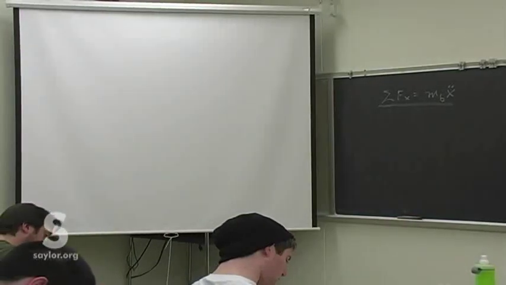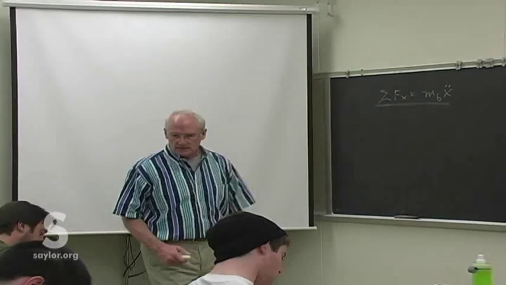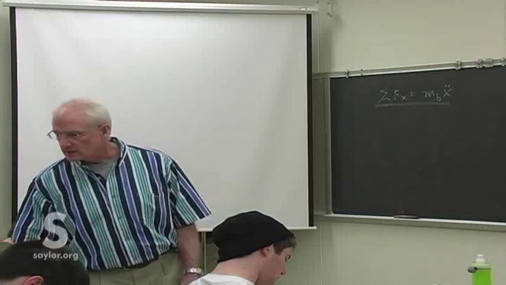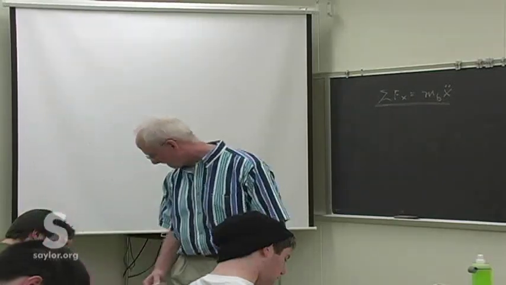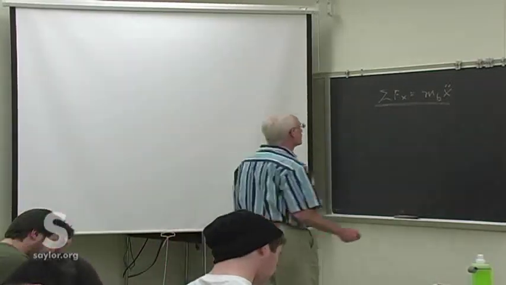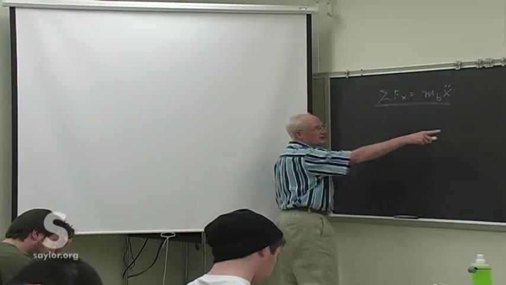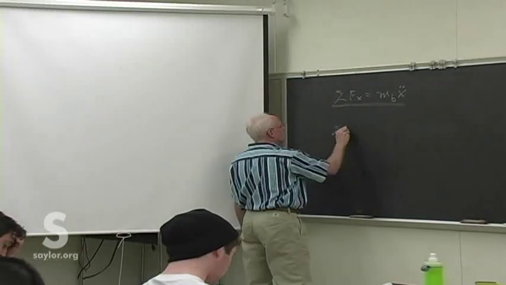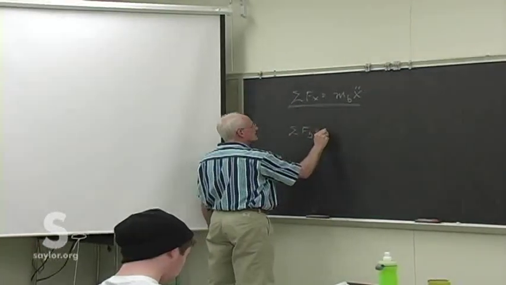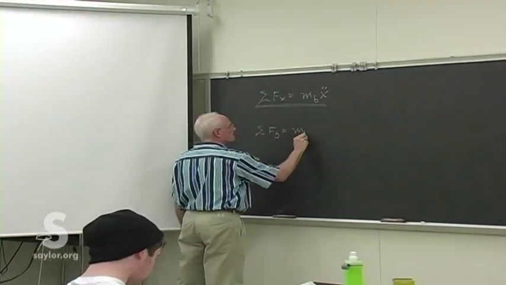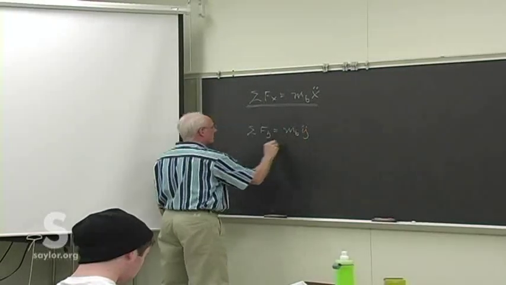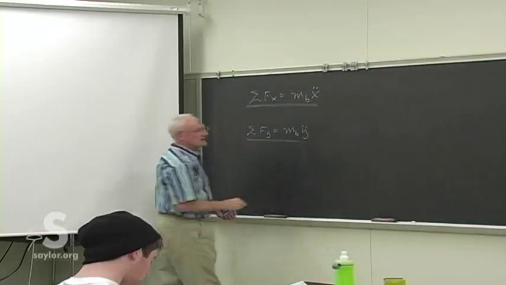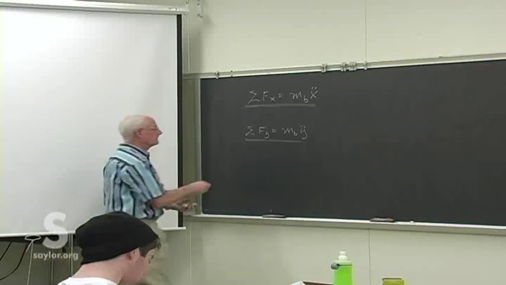On the block, if we sum the forces in the x direction, that's what's going to cause the acceleration we're looking for. That'll have in it the friction force. We need the normal force before we can solve for the friction force. So we'll also have to sum the forces in the y direction.